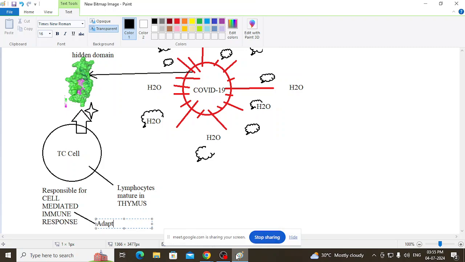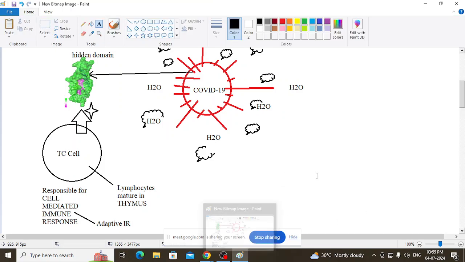It is taken care of by means of cytotoxic T lymphocytes. Now what is their work? Cytotoxic T lymphocytes are essentially lymphocytes which have a nucleus.